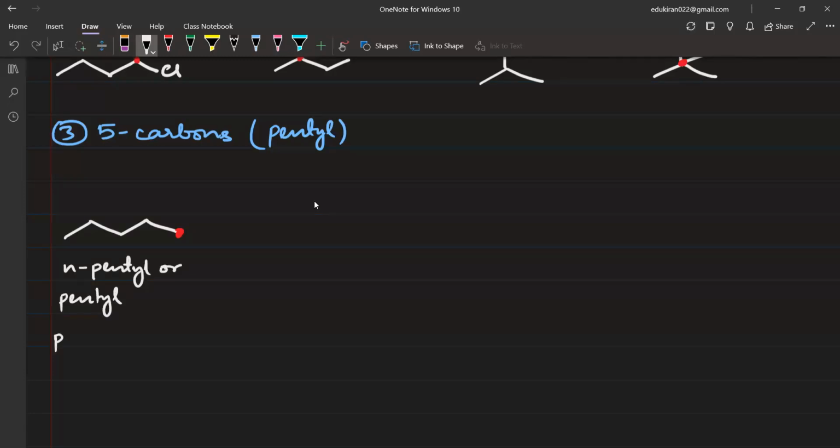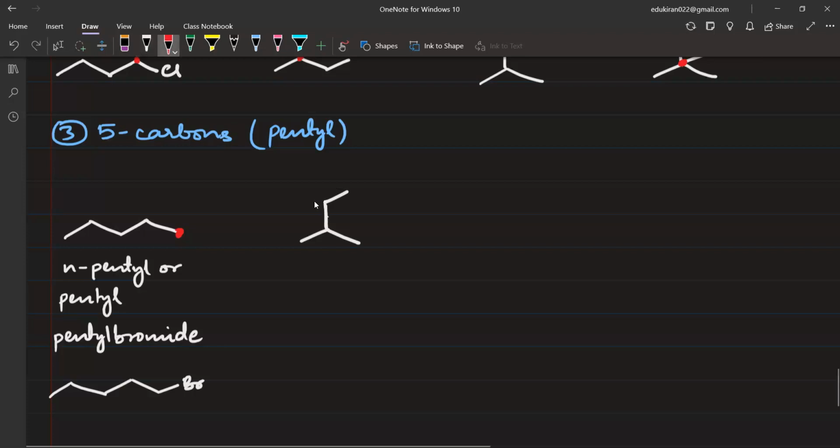So if you have pentyl bromide, then they want you to write this structure. Another one is isopentyl. So for isopentyl, what you need to have? You need to have CH3 group like this. And then you have 1, 2, 3 carbon atoms, 4th carbon atom here, and 5th carbon atom here.